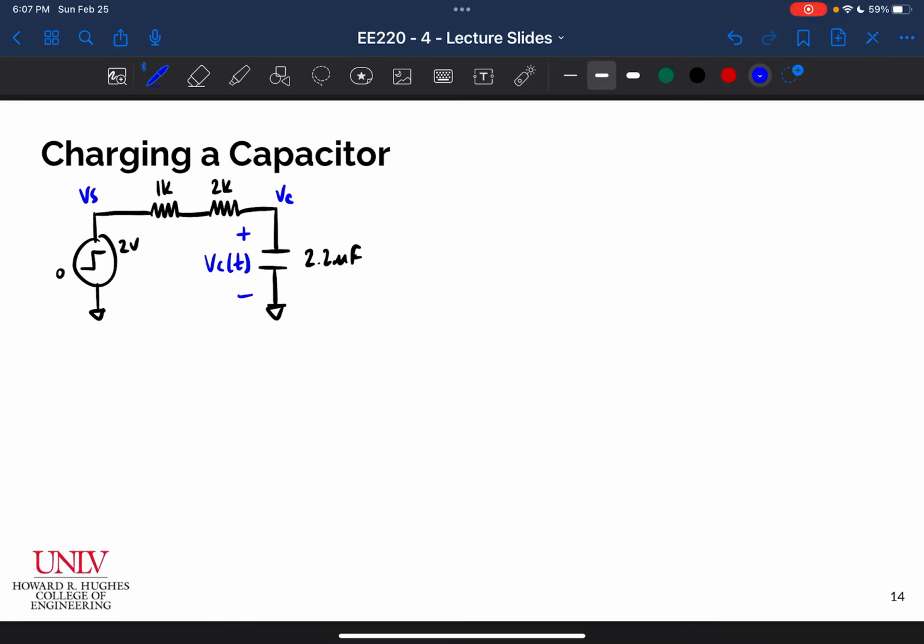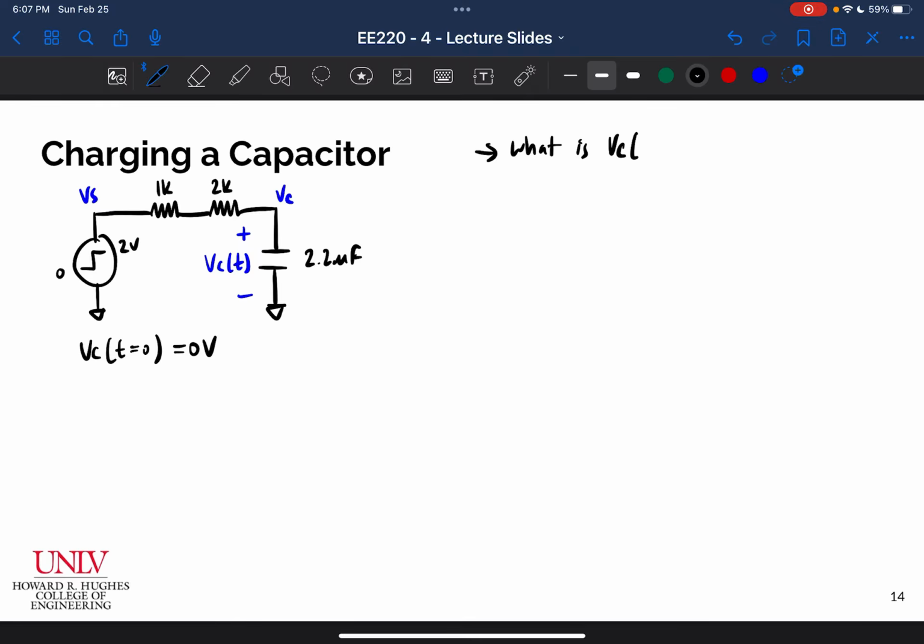And I want to know what is VC of T. I'm also going to tell you that since it's charging, the initial condition is that VC of T equals 0 is going to be 0, which means my capacitor is initially charged to 0 volts.